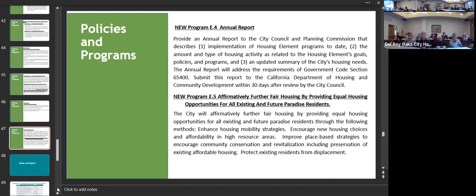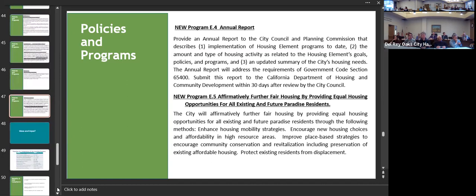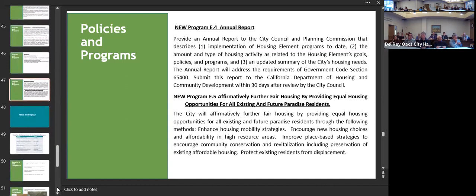I think it's really important that we focus on that in the future, given the light that's been shined on housing elements, so that we can say that we're making progress toward some of these housing element programs and identify the ones that maybe are too difficult to do, or we don't have the city staff or manpower. So that's P4, a new program, an annual reporting.